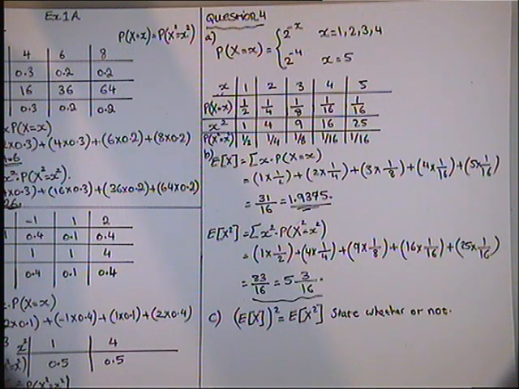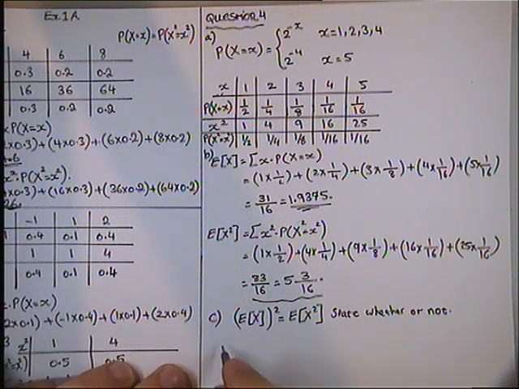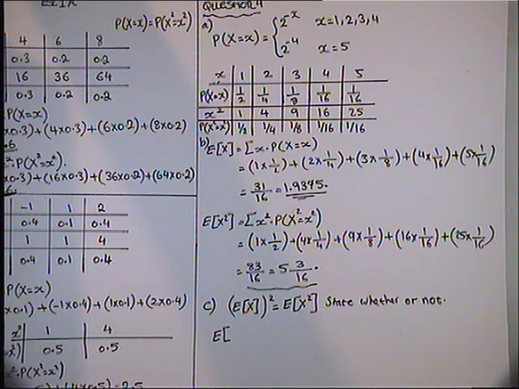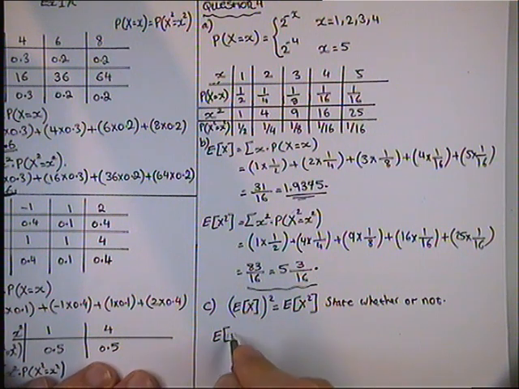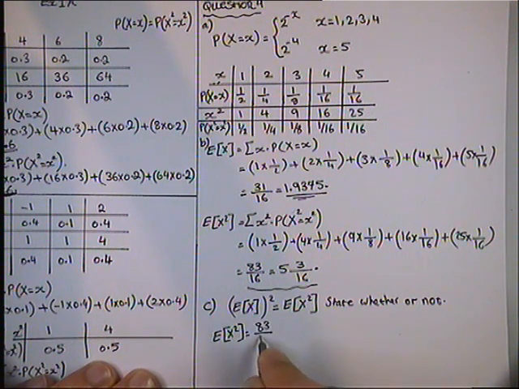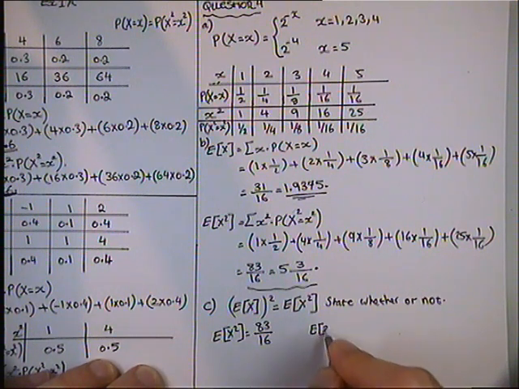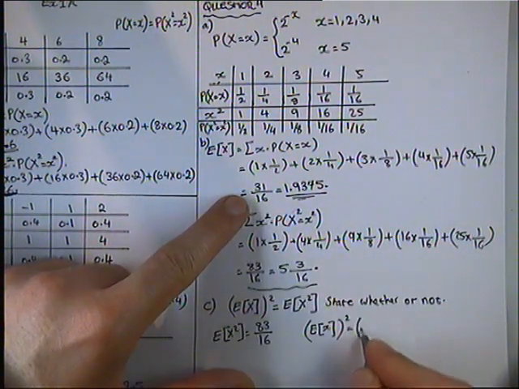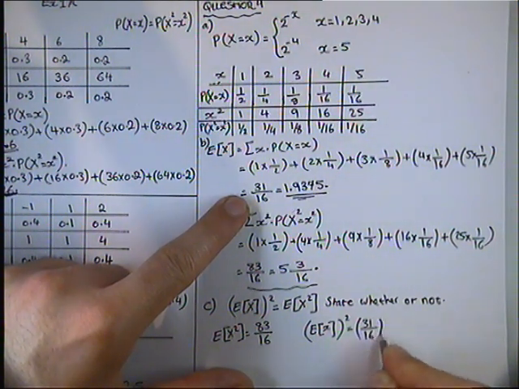So first of all, what did we get for E of x squared? E of x squared is equal to 83 over 16. And E of x all squared is the same as E of x, which is 31 over 16, all squared.